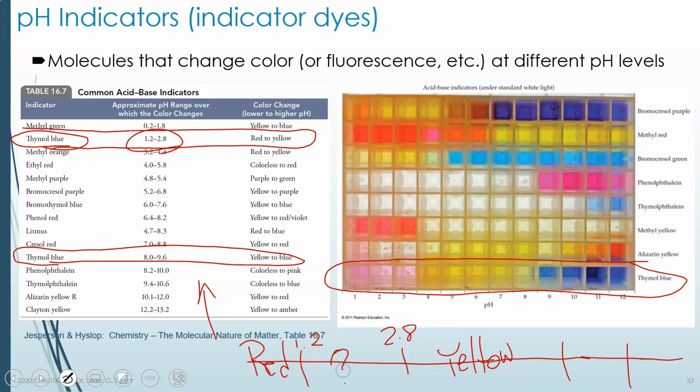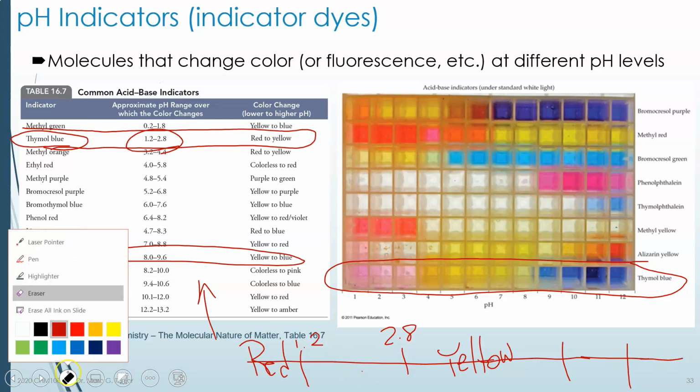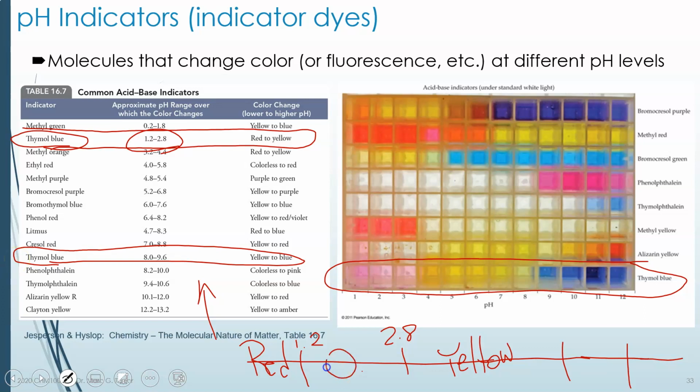Who knows what that might be? Maybe orange. We'll put a little note here, orange. Let me write that again. It's a little sloppy. And we'll put a little note that maybe it's orange in between 1.2 and 2.8. And then you'll notice below 8.0 we expect yellow. Well, that's what we've got. Below 8.0 it is yellow.